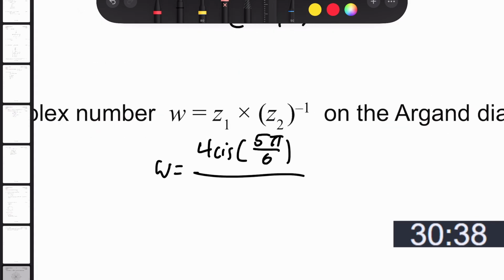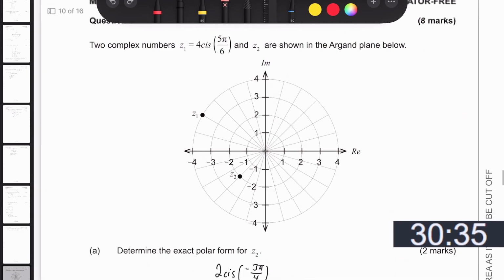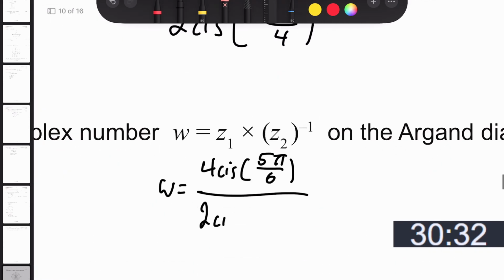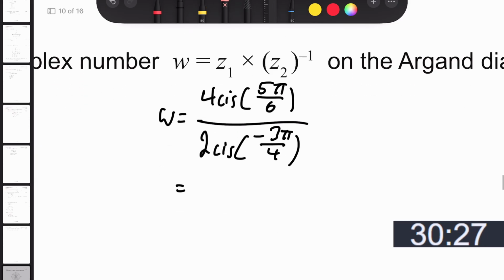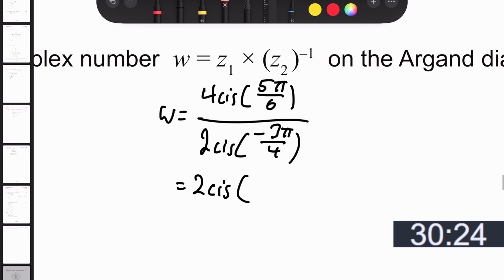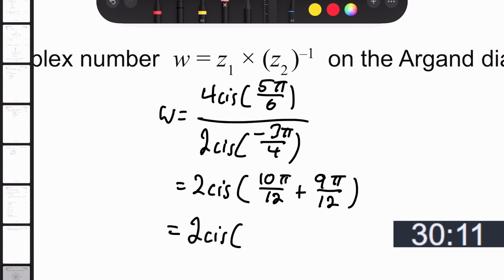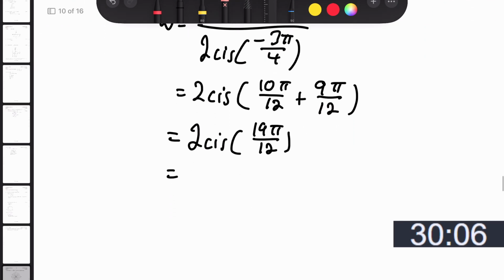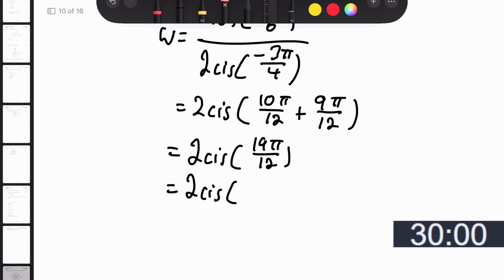And then we're going to divide that by, because I have an inverse, 2 cis of negative 3 pi on 4, which is going to be 2 cis, because 4 divided by 2 is 2, of, let's just make these 12, plus, because taking away a negative is going to be add, 9 pi on 12, is going to equal 2 cis of 19 pi on 12, which is going to equal 2 cis of, so we've gone 7 past pi.